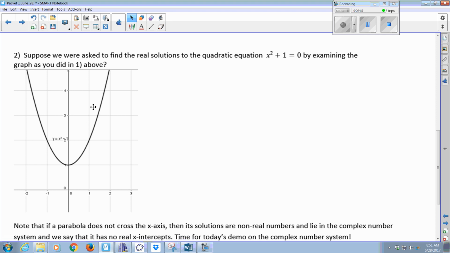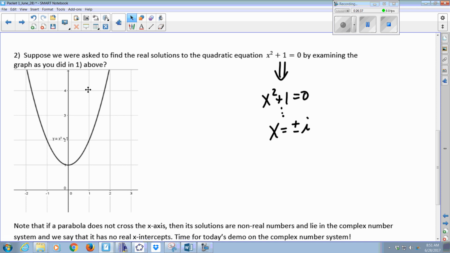So if you were to solve this equation, x squared plus 1 equals 0, you would have solutions that look like this, x equals plus or minus i. I just saved you all the work and did that for you.